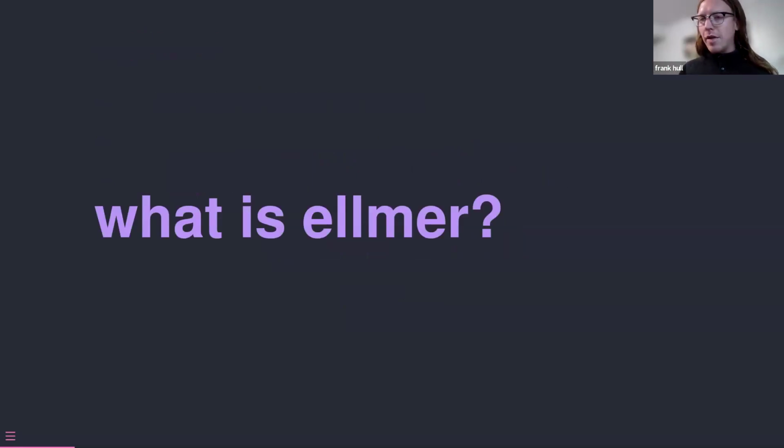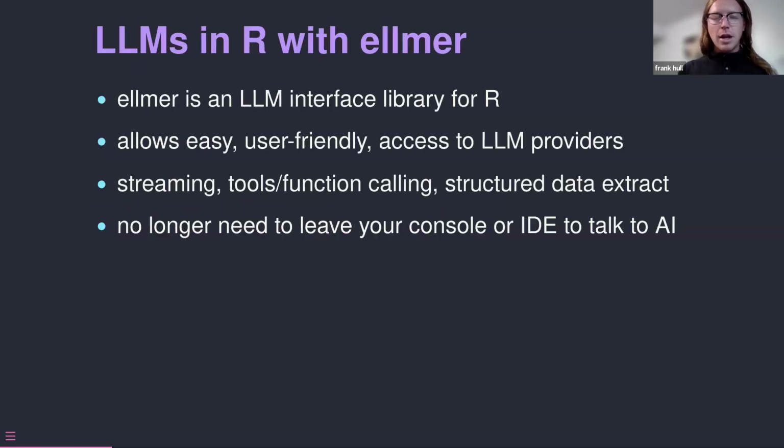I don't know if everyone was coming from the AI group or the GG extenders group, so I wasn't sure who knew what Elmer was, and if anyone has used Elmer or hasn't. But Elmer is a really slick toolkit to basically interact with LLMs, and you can do this from your R scripts.